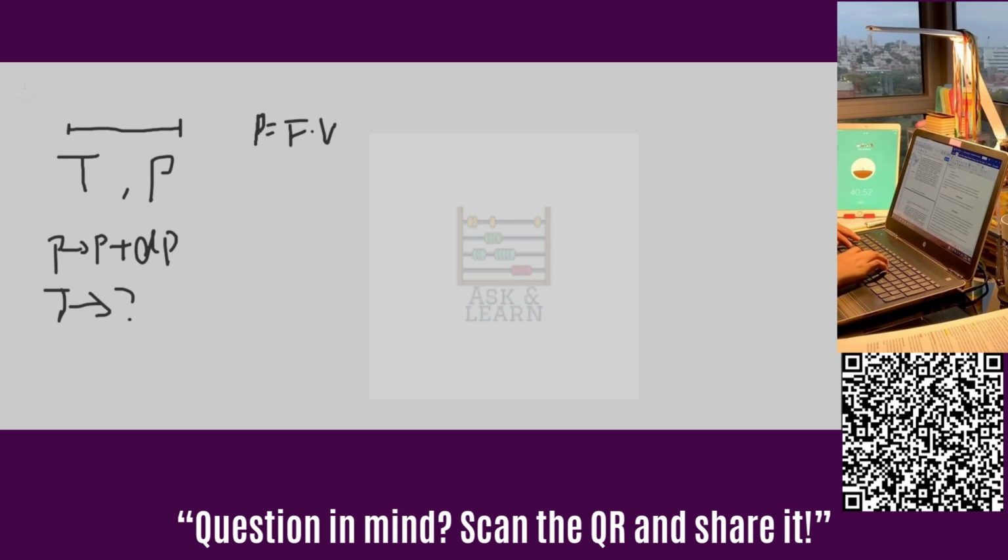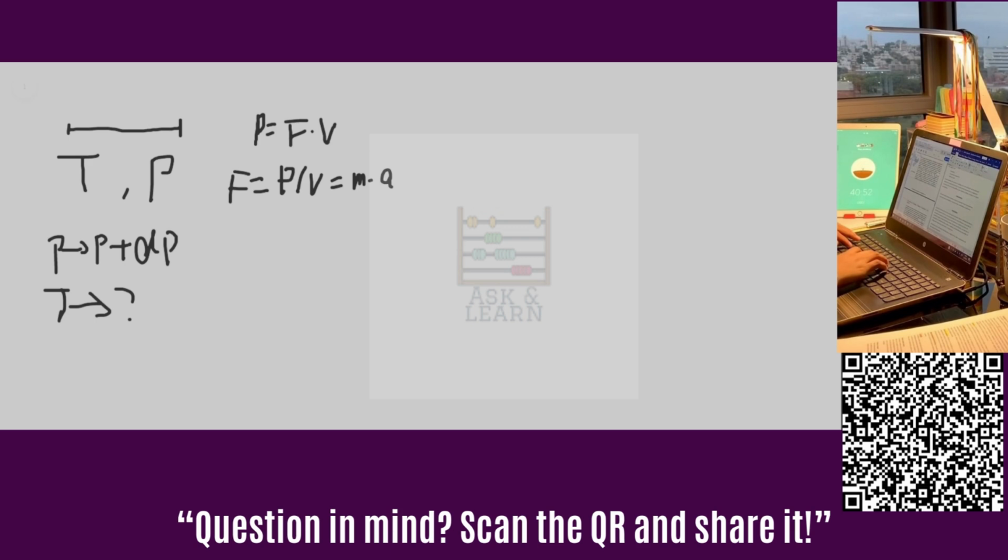Okay, so to do this question, we need to utilize the definition of the power. So P, the power acting on this car, will be equal to F times V. F is the force acting on the car, and V is the velocity of the car.